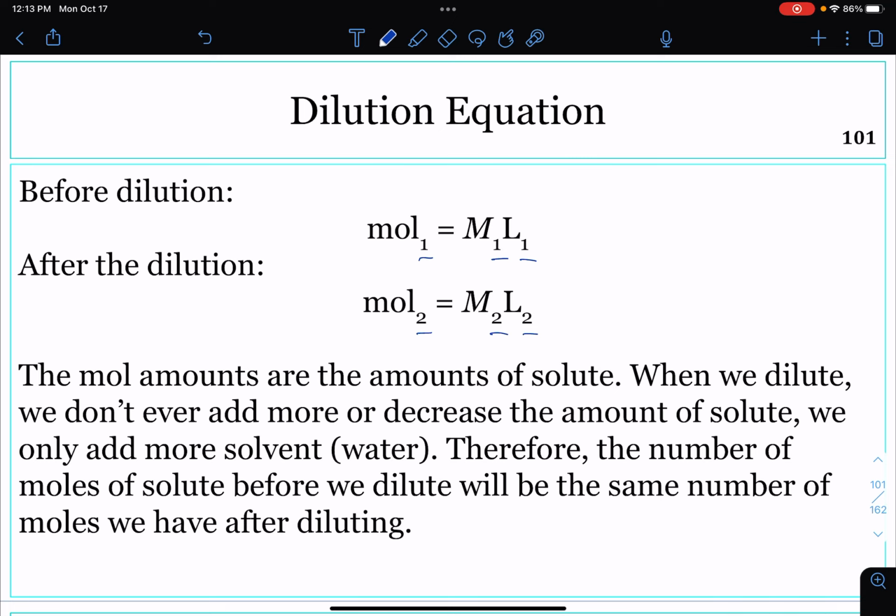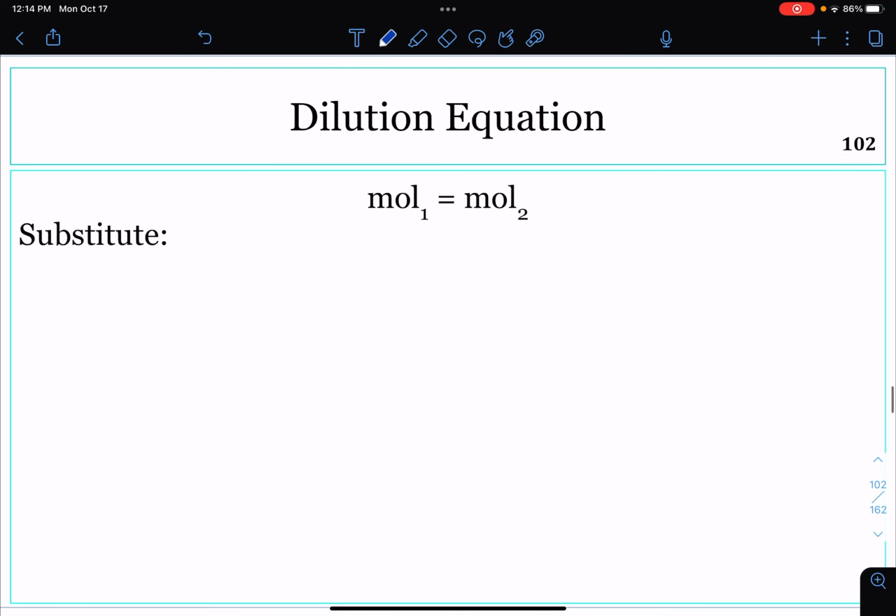When we dilute a solution, we don't add or subtract any of the moles of solute. Instead, we just add solvent. So, moles of solute before the dilution is equal to the moles of solute after the dilution.